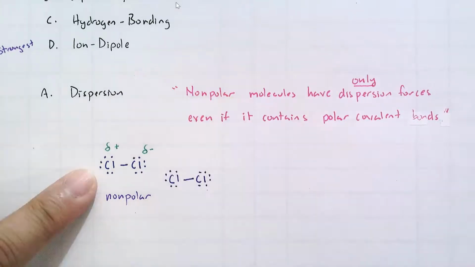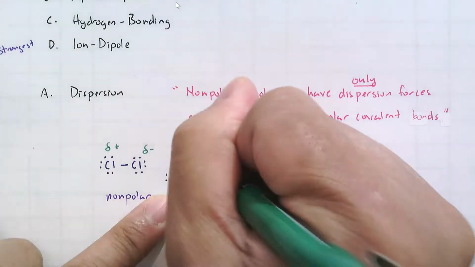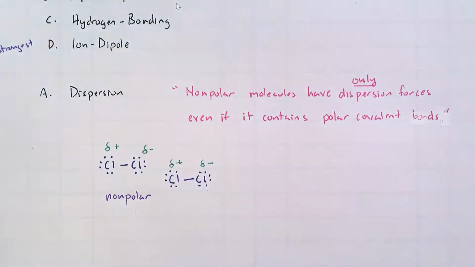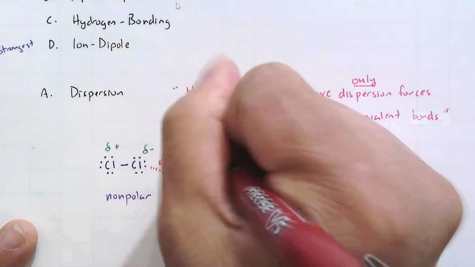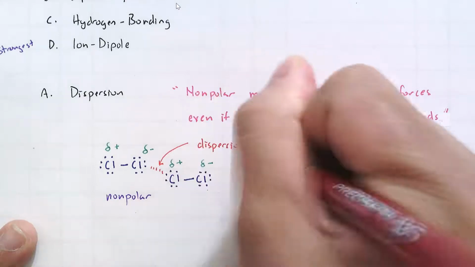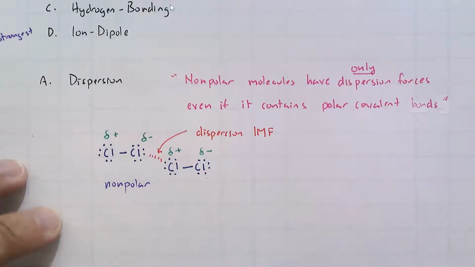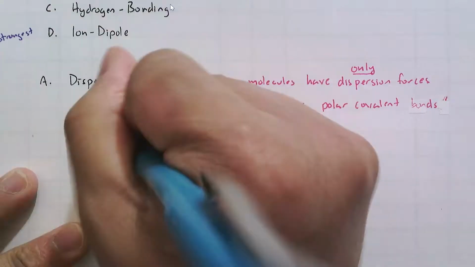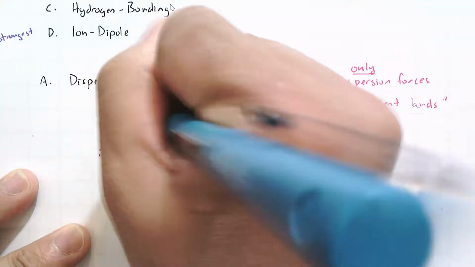The molecule on the left is inducing the molecule on the right to have these electrons push towards the chlorine on the right. And as you know, opposites attract. So an IMF is an attractive force. This is a dispersion IMF. Again, the molecule is nonpolar, and the bond itself is a nonpolar covalent.